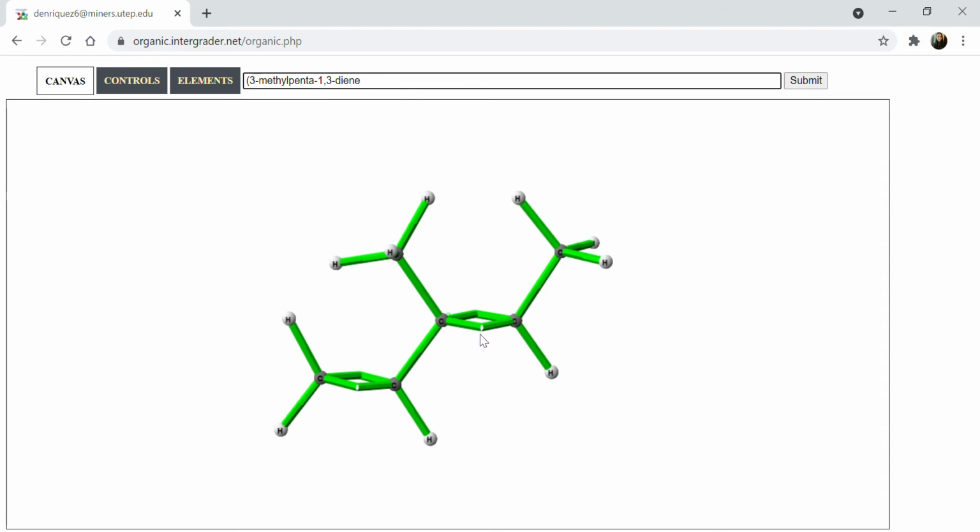So I'm going to split this down the middle in my head. And then on this side, I have my highest priority, my methyl up here, and my lowest on the bottom. So I'm going to remember that this is 1. I'm going to go to the side. I have my greatest priority here, and my smallest one over here. So I have my greatest here and my greatest here. So that means I have an E conformation. So I'll do E-3-methylpenta-1,3-diene.